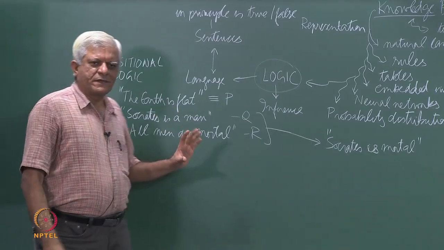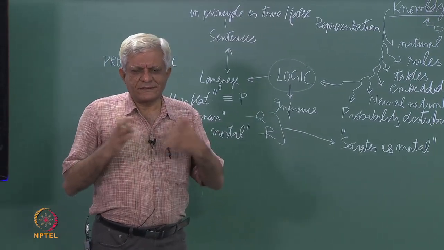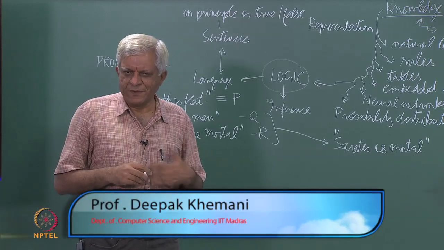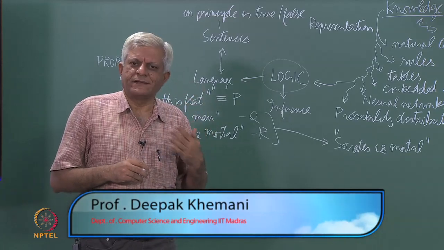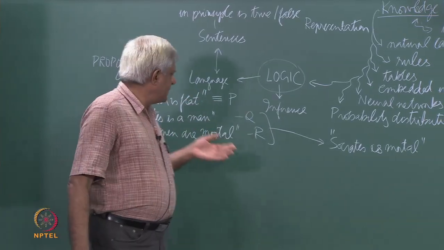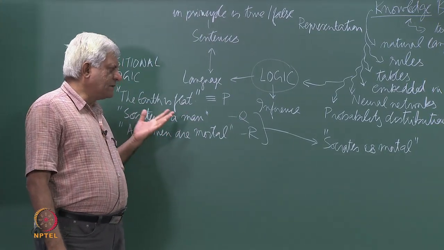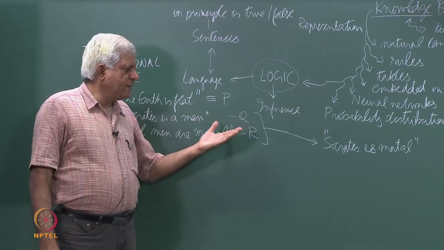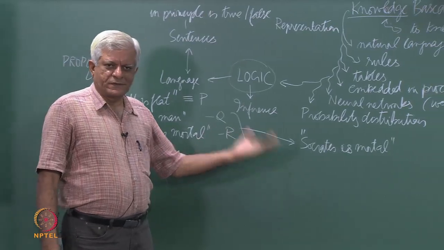So, this is the reasoning part, and this is what we mean by reasoning in logic: if you know certain set of statements to be true, or you assume them to be true, or they are given to be true, then you can infer that there are other statements which are true. So, if somebody tells you that Socrates is a man, and if somebody tells you that all men are mortal, then what Aristotle showed was that you should be able to infer that Socrates is mortal essentially.